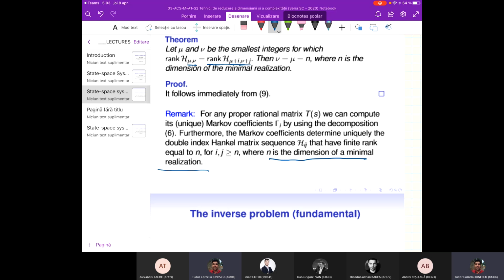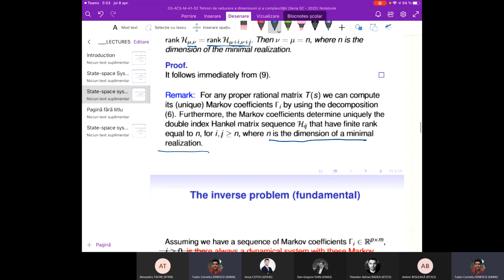Of course, you can recover the dimension of the minimal realization by thinking about the observable and controllable space, and you can get an idea. But the clear minimal dimension comes from the inspection of the rank of the Hankel matrices. The Hankel matrices are the key to determine the minimal realization.